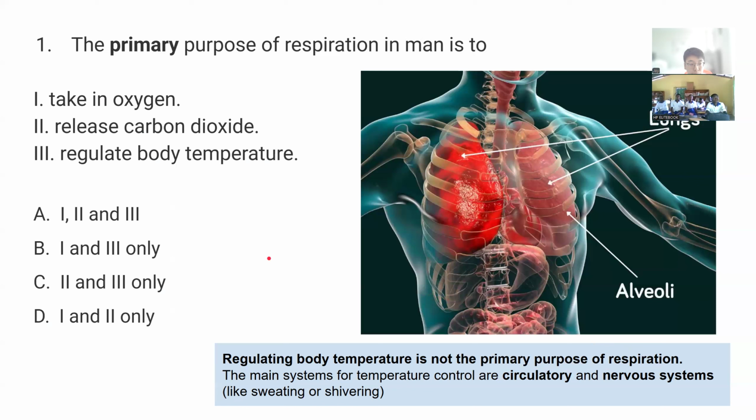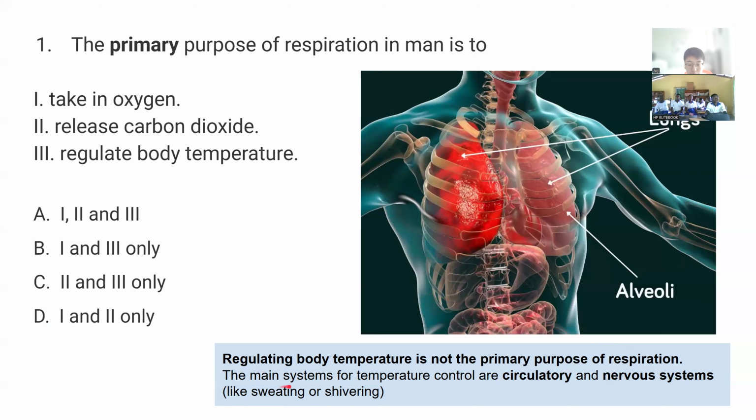So the primary purpose of respiration in man is to take in oxygen, or release carbon dioxide, or regulate body temperatures. So it tells us that regulating body temperature is not the primary purpose of respiration.